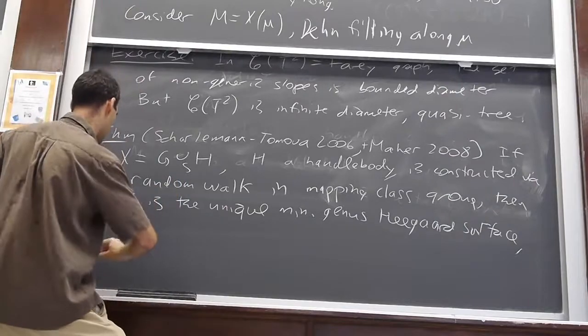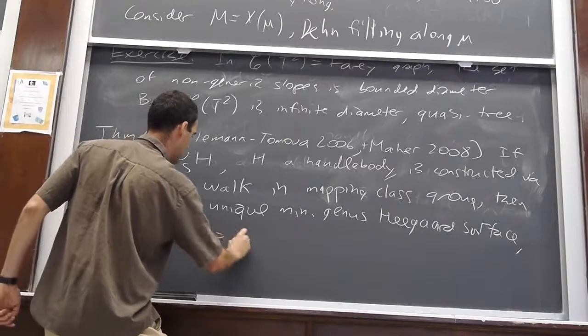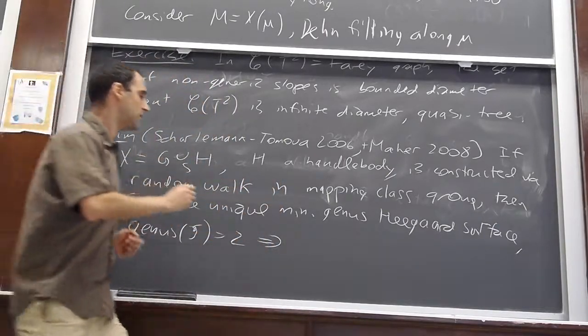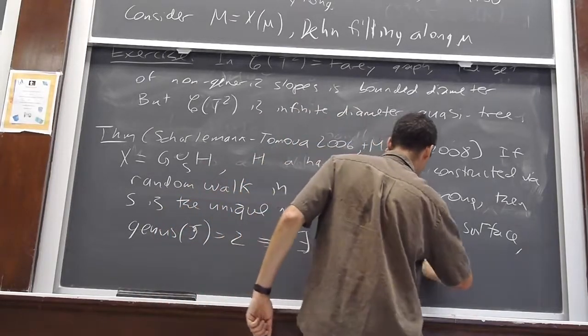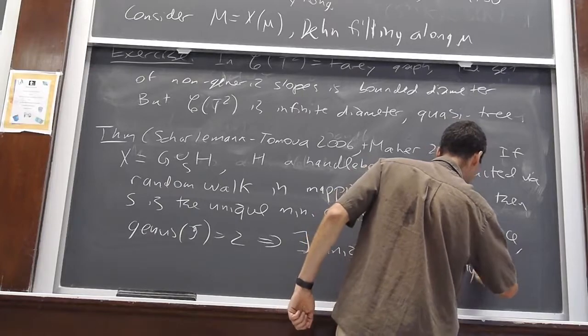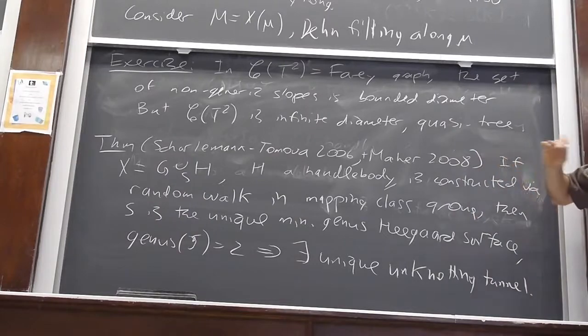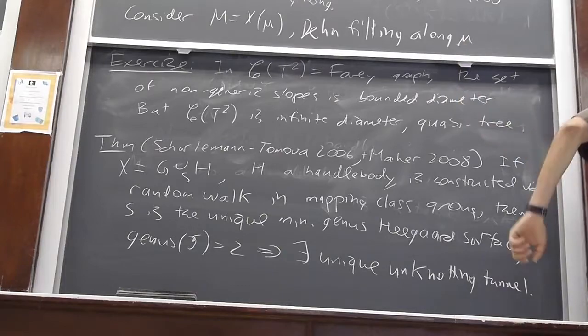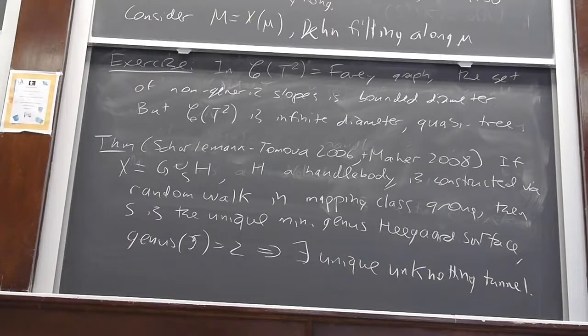Which means that if the genus is 2, there's a unique unknotting tunnel. So if you start with a generic two-cusped three-manifold constructed in this way, generically you'll have a unique unknotting tunnel, and if you take a generic Dehn filling of it, you'll still have a single unknotting tunnel and a hoop.